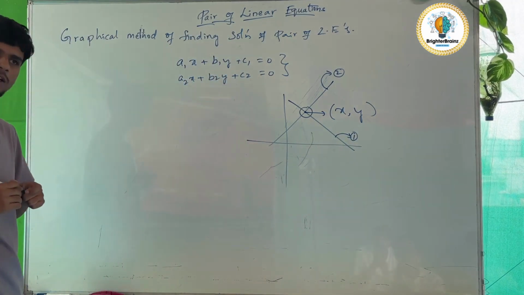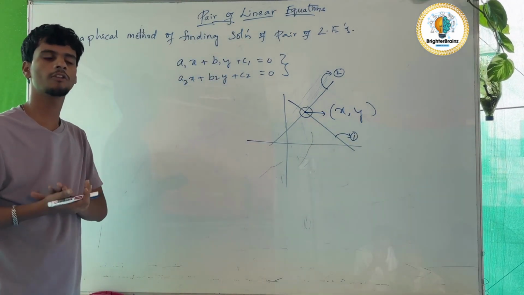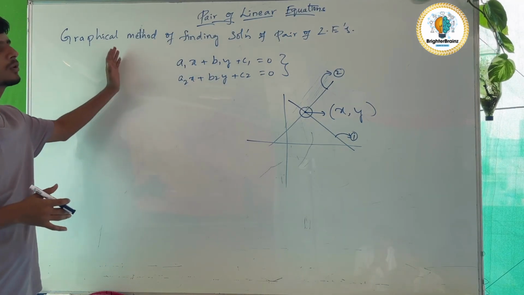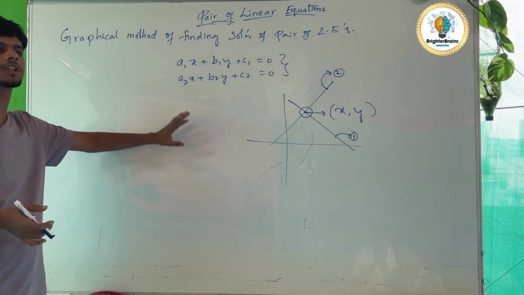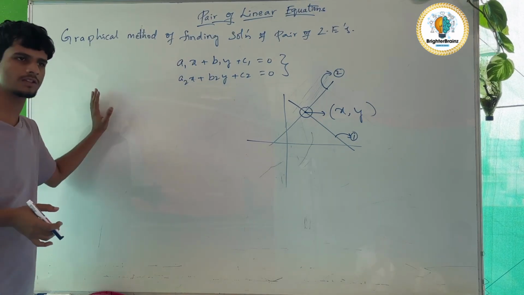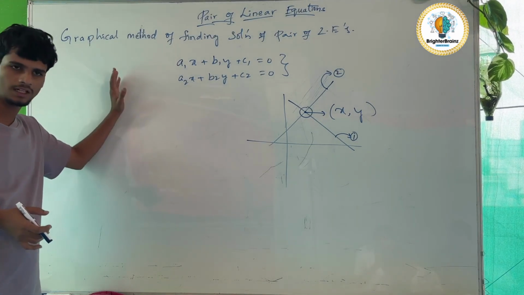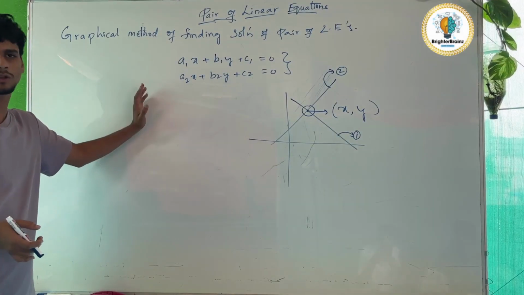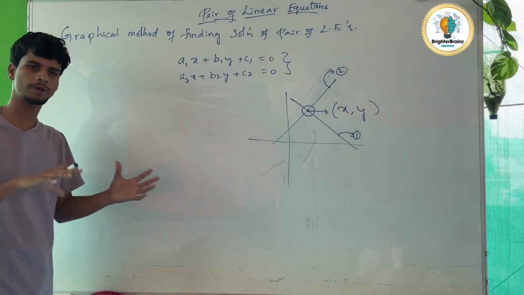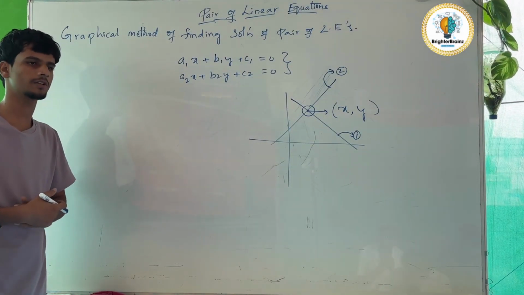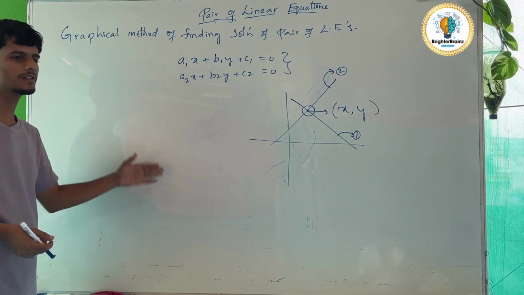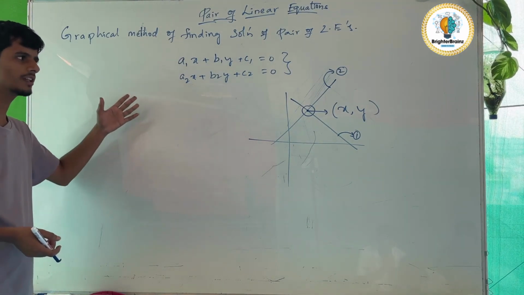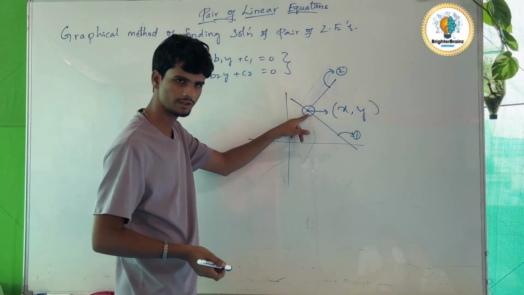But in the graphical method, when they give questions, before drawing the graph, first you need to know which type of lines they are. Are they parallel lines, intersecting lines, or coincident lines? I already explained what parallel, intersecting and coincident lines are. Parallel lines will not have any solution. Intersecting lines will have only one point.